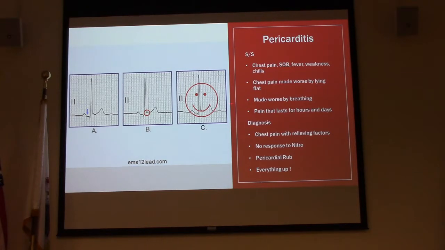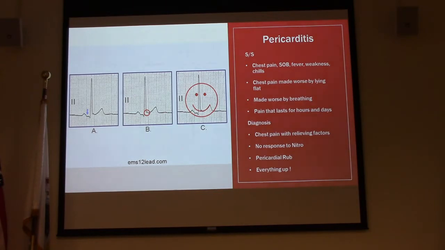When we look at our ST segment elevation, a lot of times if it has that concave shape instead of the convex, which is upside down, the frown, but the happy face, if you can see that concave, that usually means it is not cardiac related. If the smiley face would be a frown, then we might assume that it would be cardiac in nature. The other thing is all leads are up.